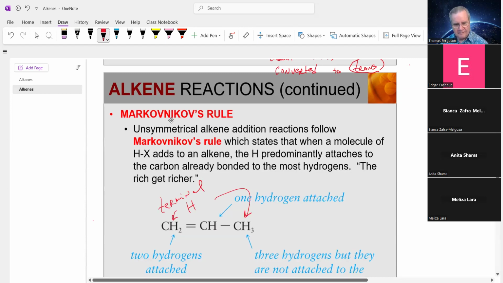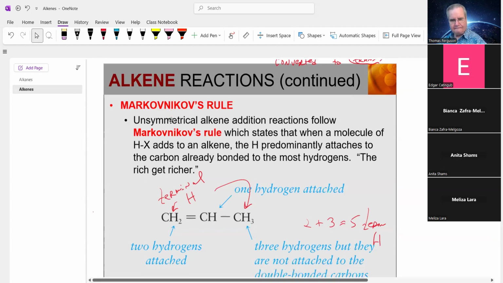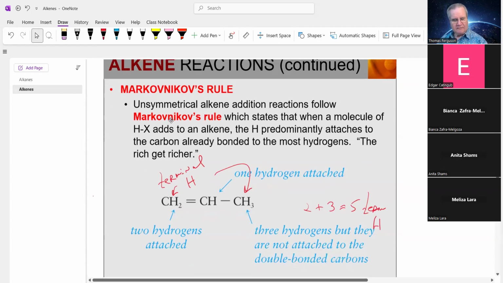hydrogens. We have a total of 5. Five terminal hydrogens. Okay, the compound that has the most terminal hydrogens is more stable.